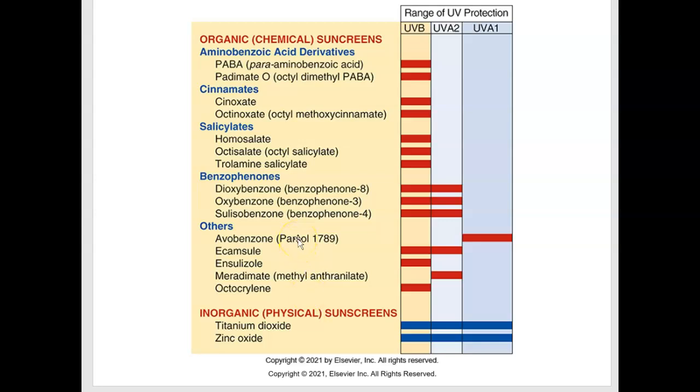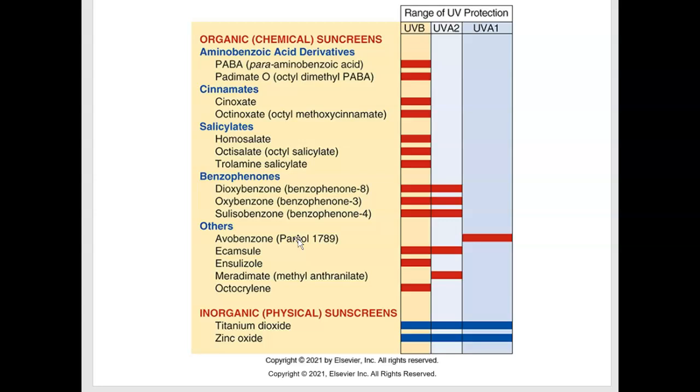Okay, the inorganic physical screens act as a barrier to the sun's rays. So rather than absorbing them, they reflect and scatter the sunlight, and they prevent the penetration into your skin. That's the titanium dioxide and zinc oxide. Those compounds are especially useful for protecting limited areas like your nose, lips, or your ears.